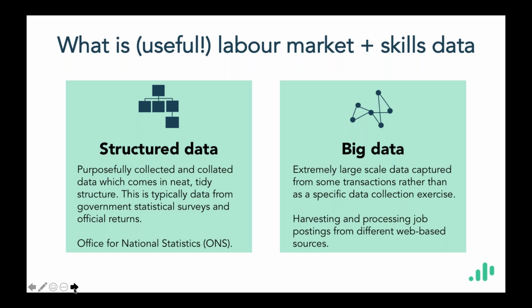But that big data can give us extremely useful insight into specific skills, specific named employers in different towns, cities and regions, and their recruitment activity, and how all of that kind of activity is trending. So that kind of big data is very important right now, given the current situation we're all going through. And by combining structural data with big data, we see the most useful insights into labour market and skill needs. And FE Analyst does exactly that.